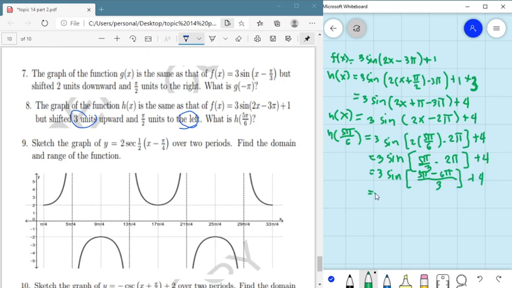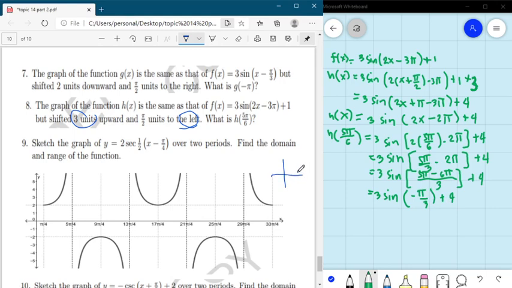Simplifying further, we can have 3 sine of 5 pi minus 6 pi is negative pi over 3, then plus 4. So, atong tan-awon atong graph, mauna ang pi over 6 man ang pi over 3, then negative pi over 6, pi over 3, mauna sa siya ang negative pi over 3, di ba?